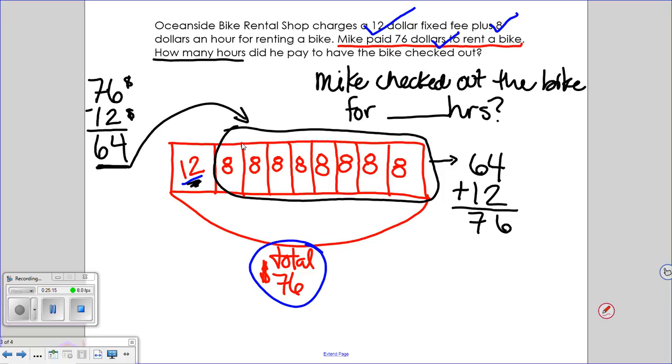Mitchell, how many hours? Okay. Kaden, how many hours? 8. How did you figure that out? Kaden came up with 8 hours.